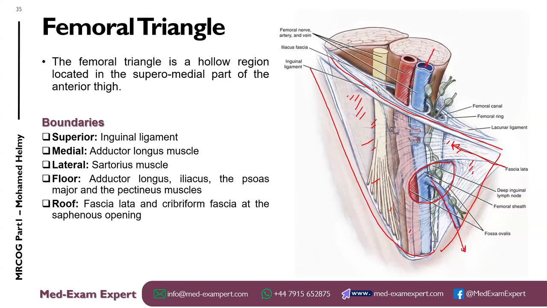This is the femoral vein, which is in the blue color. This is the femoral artery, and this is the femoral nerve. As we can see, from the femoral vein we have the great saphenous vein. So this great saphenous vein is transmitted through a defect in the fascia lata. We call it the saphenous opening. And this saphenous opening is covered by another thin fascial layer. We call it the cribriform fascia.